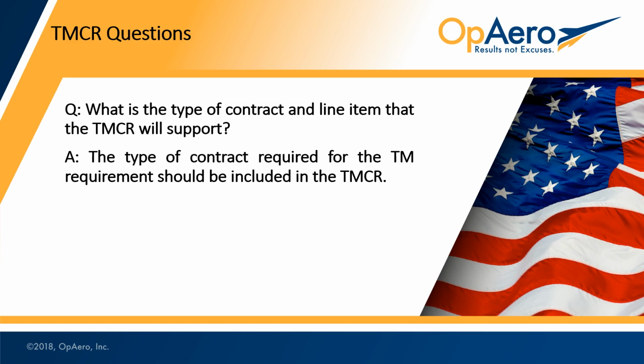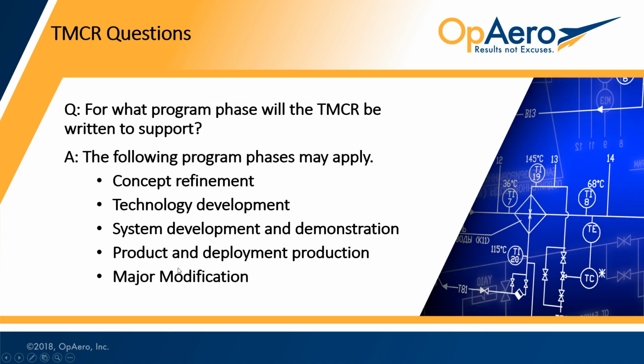You could be on a time and material contract, a requirements contract, or maybe, as the Navy does, use a national contract vehicle to acquire some of its tech manual pubs. But it's important to include it in the TMCR language.